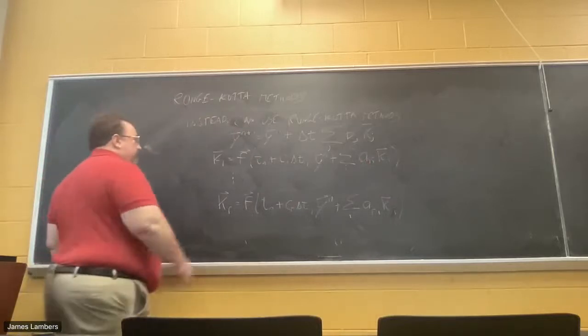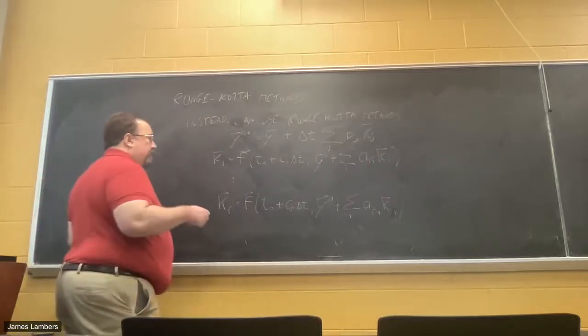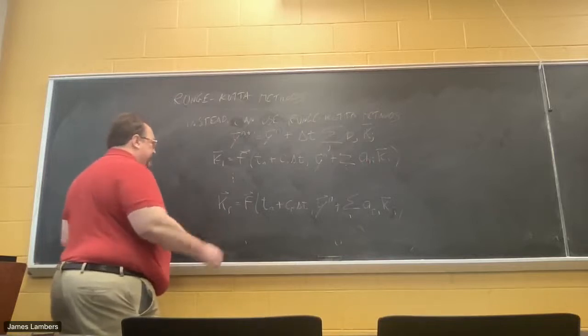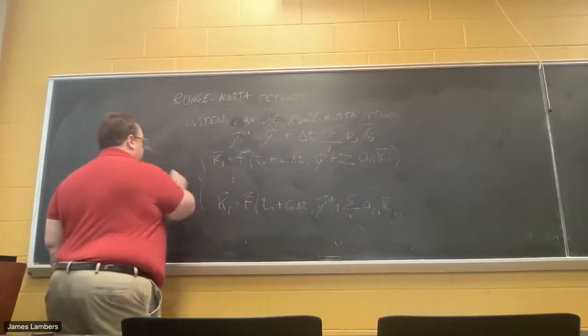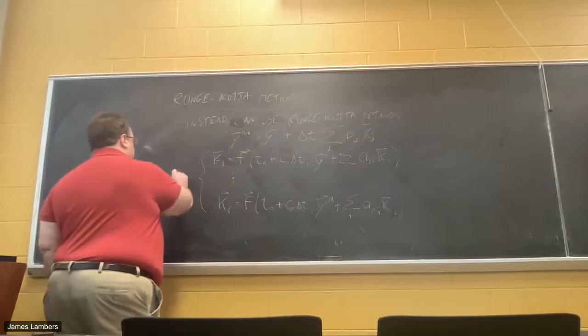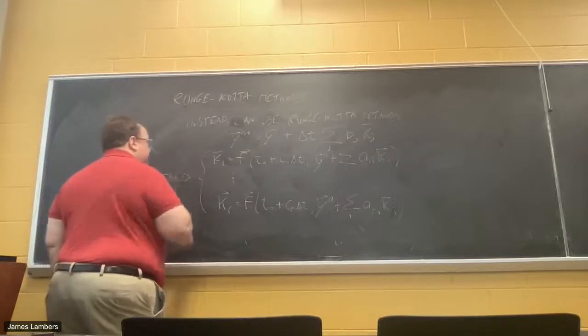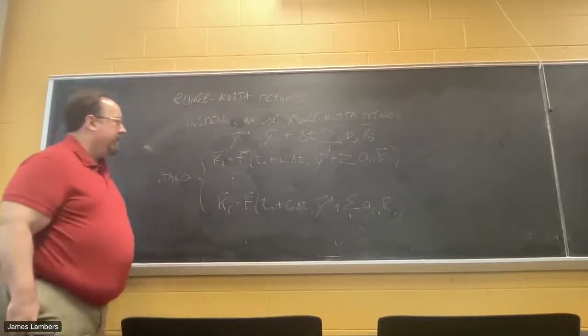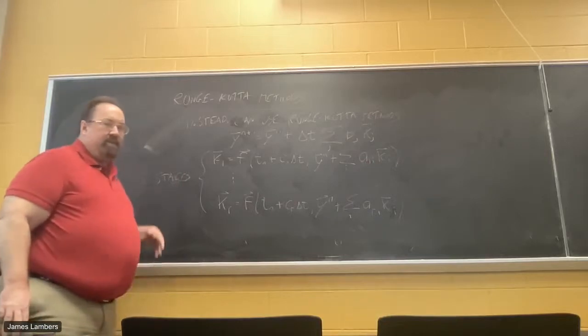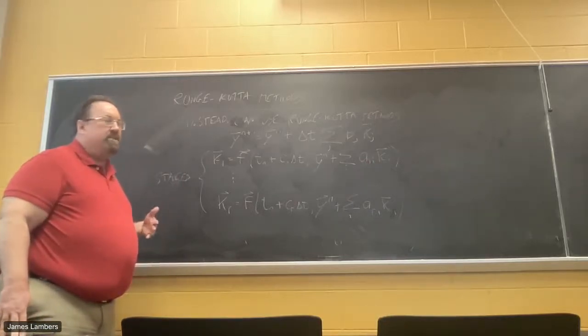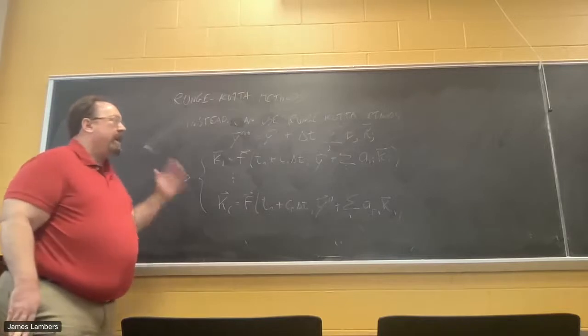So each one of these k vectors involves an evaluation of f, and these are called stages of the Runge-Kutta method. There's somewhat of a correlation between the number of stages and the order of accuracy of the method.